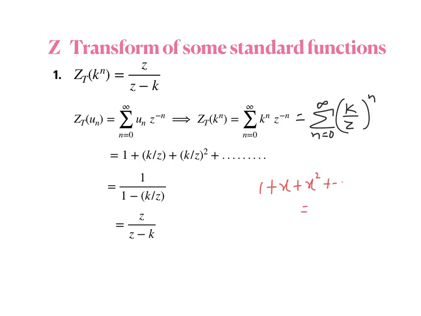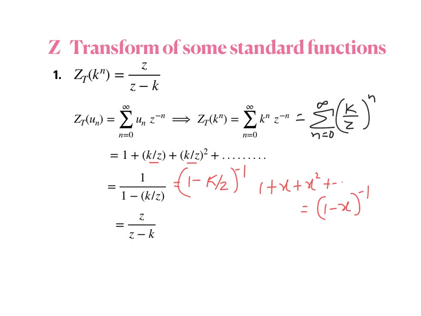So by binomial theorem, this can be written as 1 minus x power minus 1. Therefore, here in the place of x we have k by z. Therefore, you can write this as 1 minus k by z power minus 1. So that can be written as 1 divided by 1 minus k by z. Then z is the LCM. In the denominator taking, we get z minus k, and dividing by z goes to the numerator. So we get the result z transform of k power n is z divided by z minus k.